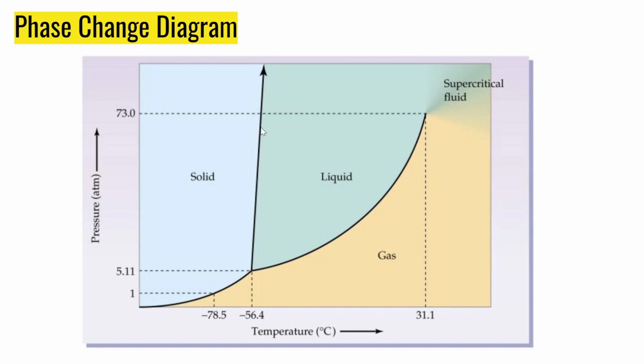So anything that crosses this line is the melting point or freezing point. The line that's right here is between liquid and gas. This is our evaporation point or condensation point. Okay, so when it crosses from liquid to a gas, that's evaporation. From gas to a liquid, that's condensation.